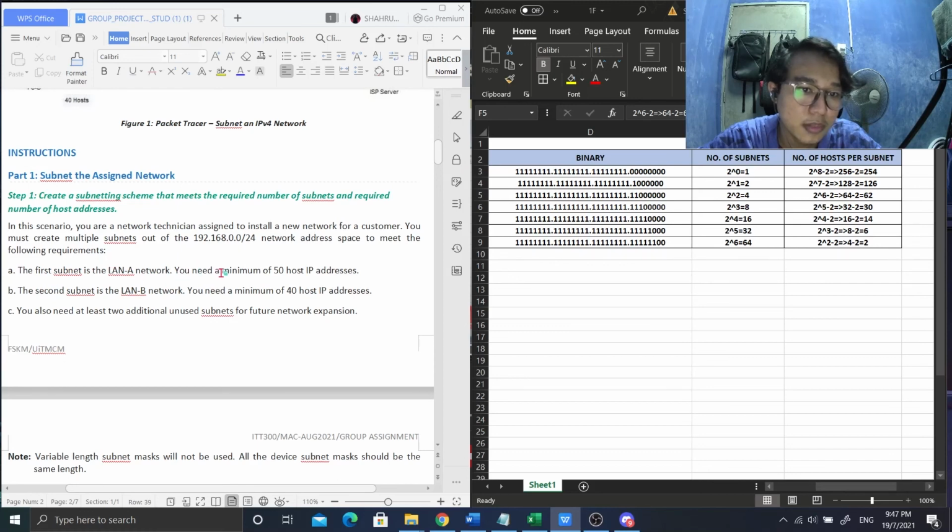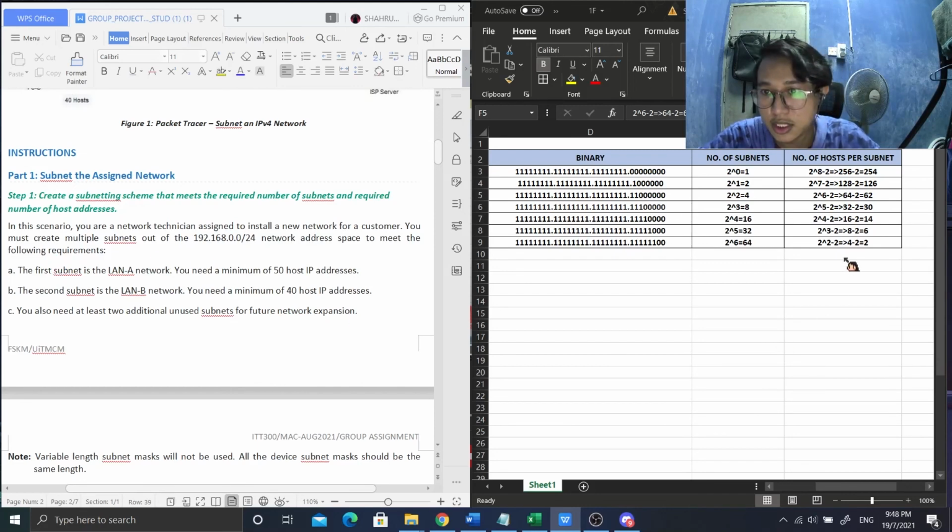You need a minimum of 50 host IP addresses. The second subnet is the LAN B network. You need a minimum of 40 host IP addresses. And C, you need at least 2 additional unused subnets for future network expansion. So we calculate that we need a minimum of 4 subnets and above.